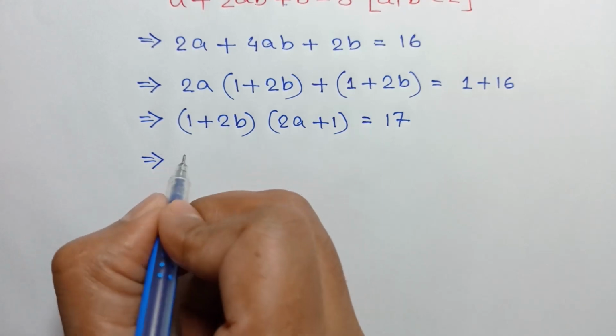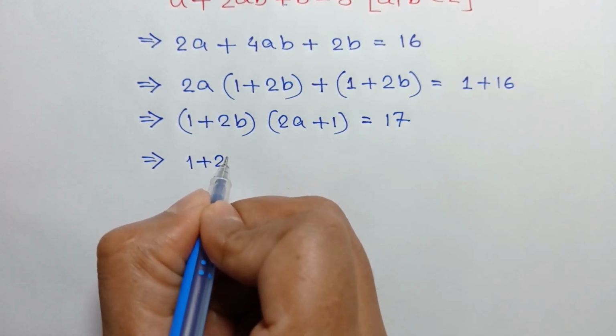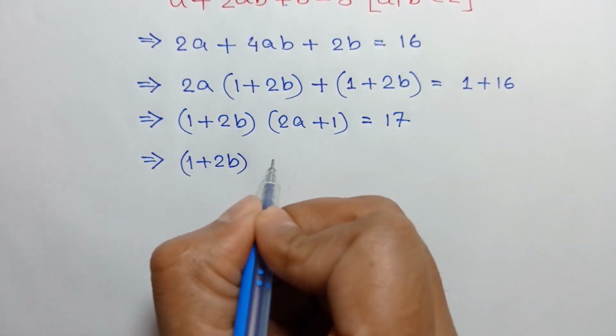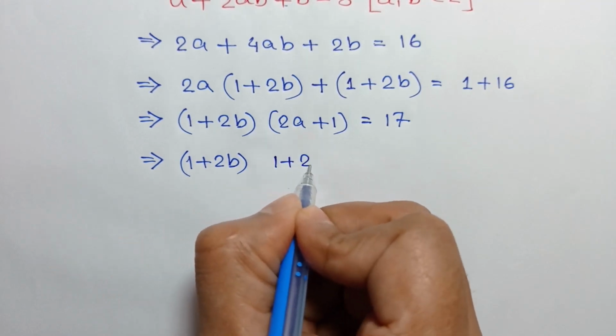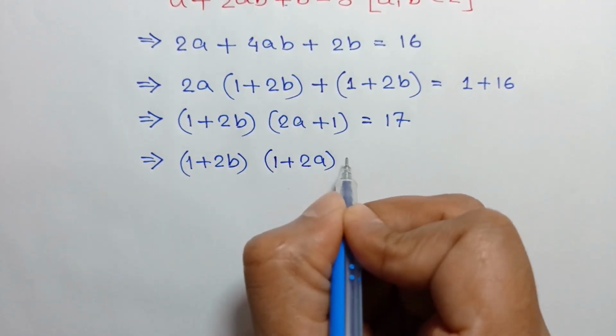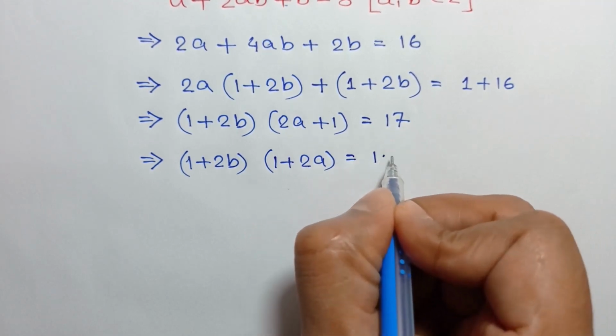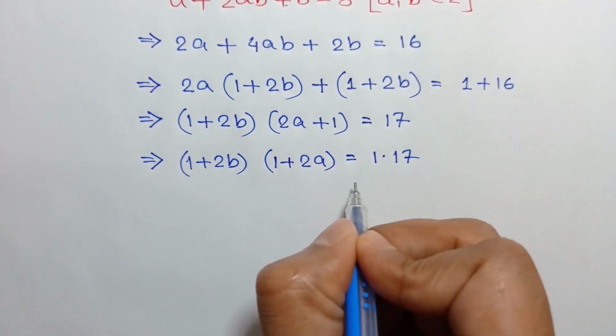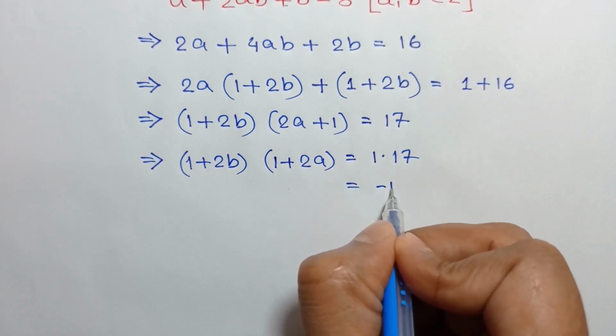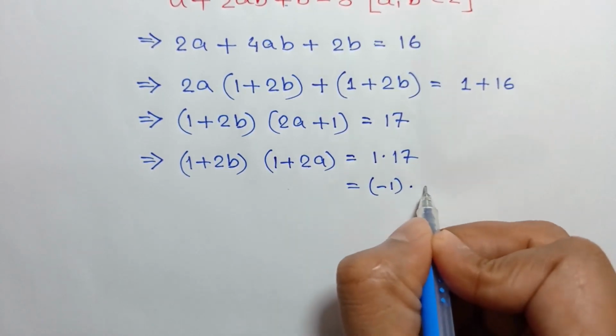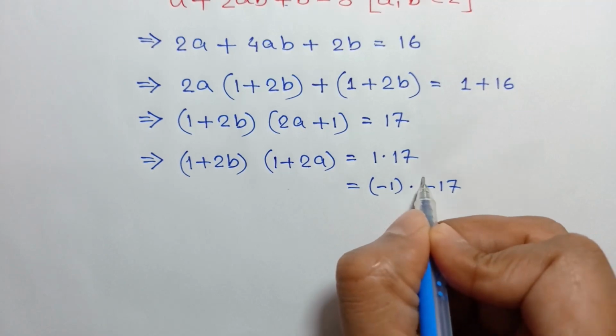So (1 plus 2b) times (1 plus 2a) is equal to 17, which can be written as 1 times 17, or negative 1 times negative 17.